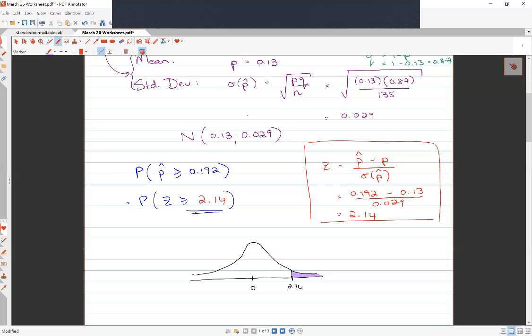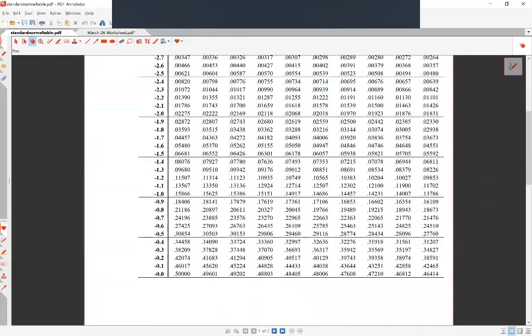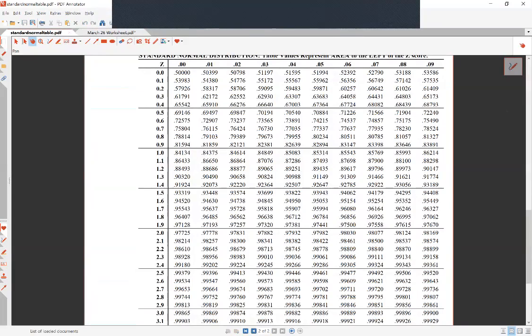So this is where my standard normal table comes in. And I will upload a copy of this to D2L in case anyone doesn't have one. But I am now going to look up this number 2.14 in my z table. So on your z table, on the row, you're going to find 2.1.